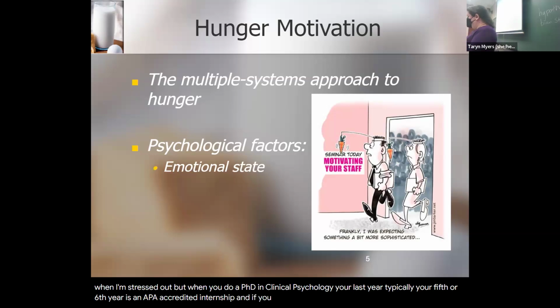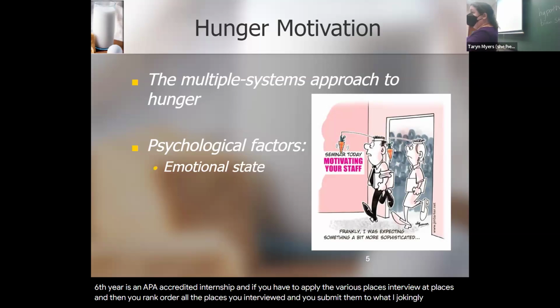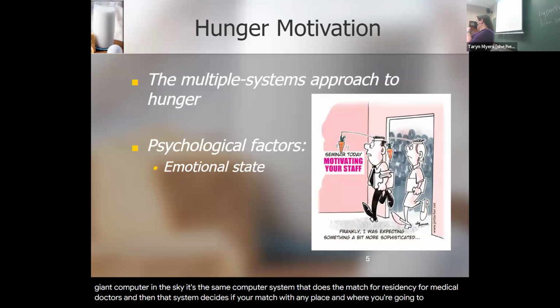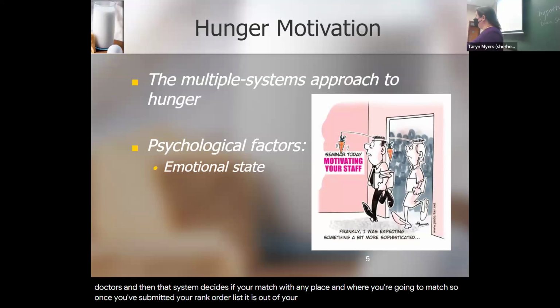And you have to apply to various places, interview at places, and then you rank order all the places you interviewed, and you submit them to what I jokingly call the giant computer in the sky. It's the same computer system that does the match for residencies for medical doctors. And then that system decides if you match with any place and where you're going to match. So once you've submitted your rank order list, it is out of your hands, and it takes like 3-4 weeks to hear back.